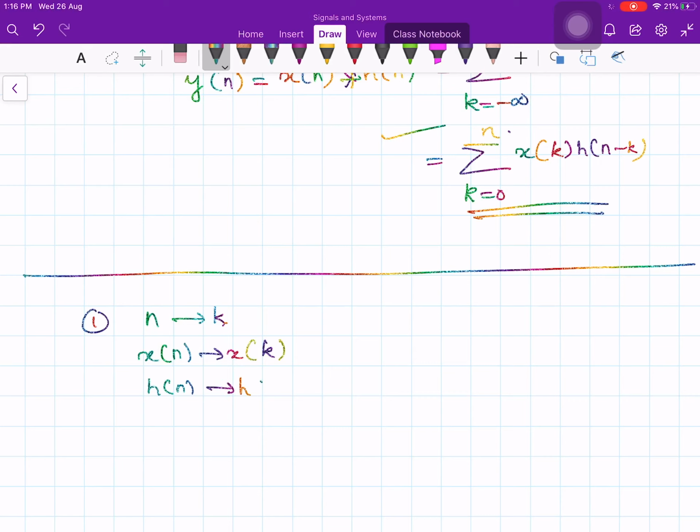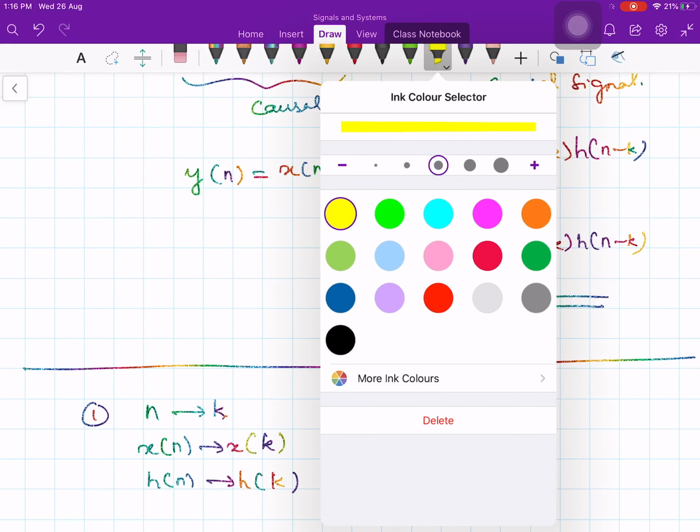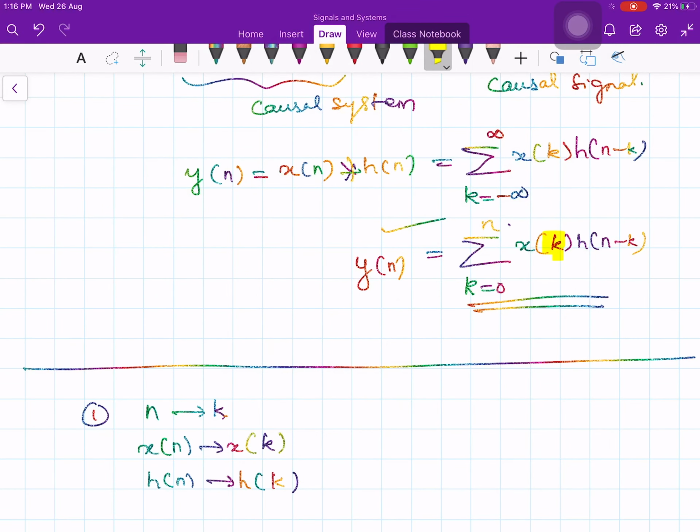Because in the summation the output is y of n, and if you put n here as well, it will be difficult to handle and there will be confusion, as you cannot differentiate. That is why we are introducing a dummy variable k here. So k is a dummy variable.